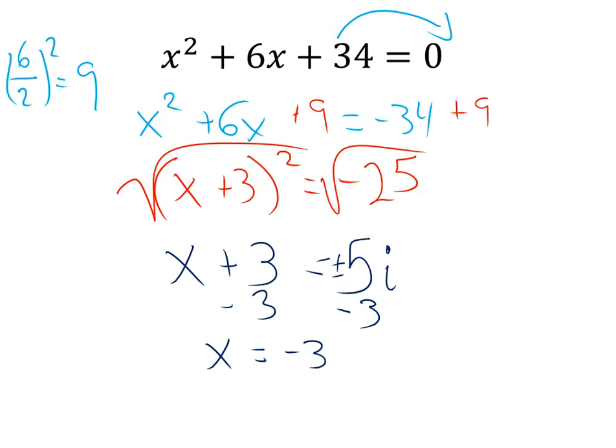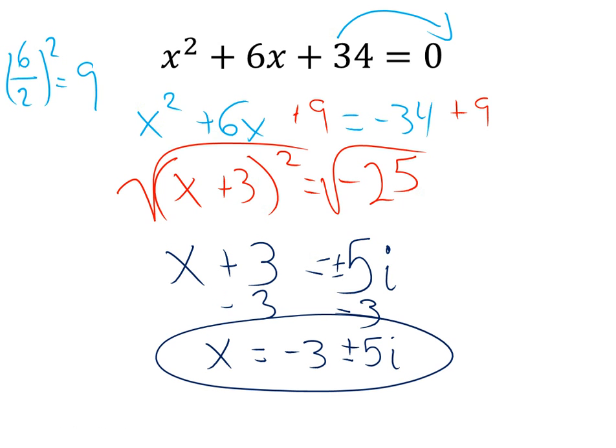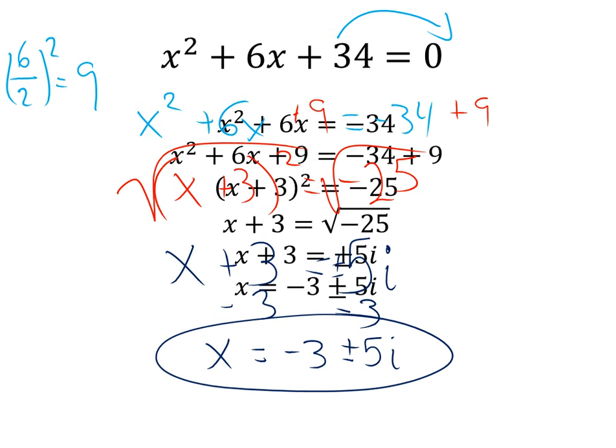This would be plus or minus. You still have your plus and minus whenever you take the square root. Plus or minus 5i. And so if you were to plug these numbers, negative 3 plus 5i or negative 3 minus 5i, into the x, you would get 0.